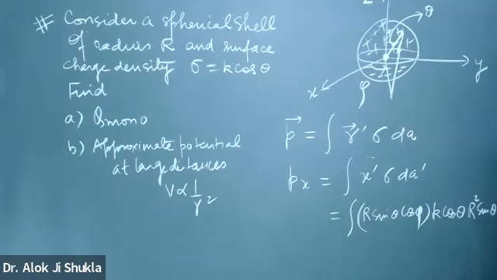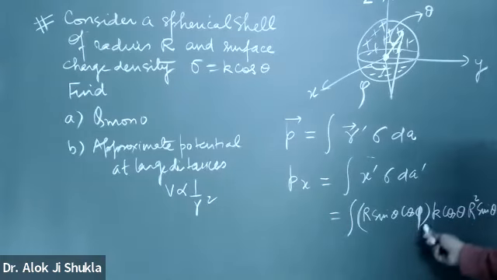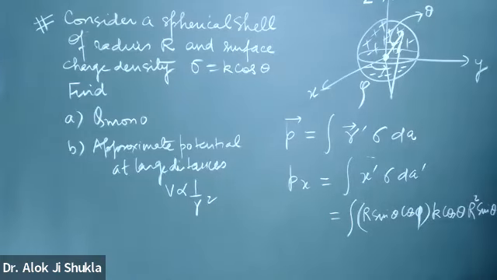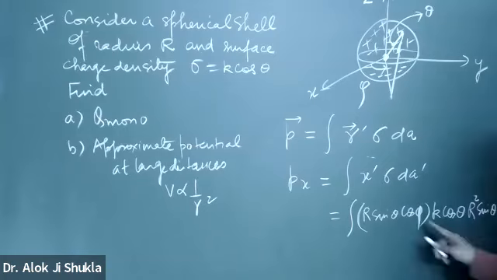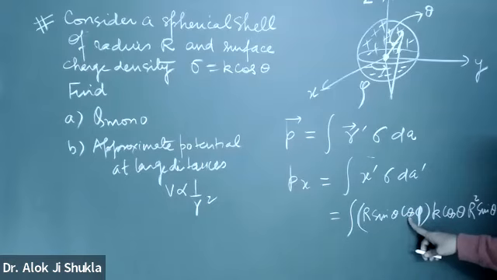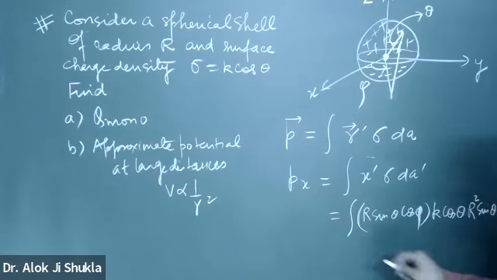Because phi will be, right, sin theta cos phi. So let us do the phi one first. Integral of cos phi, that is sin phi, and phi goes from 0 to 2 pi, so this will make it 0.